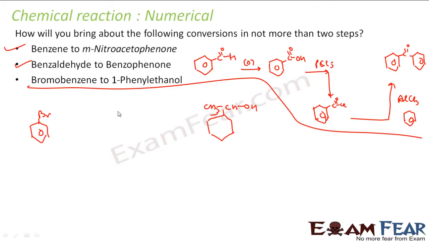What I can do is react with Mg, in this case, I'll make it a Grignard reagent, the MgBr. Once I have the MgBr, I can react this with CH3CHO, and then with water. And I'll get this product. Not that difficult. It is pretty easy only.